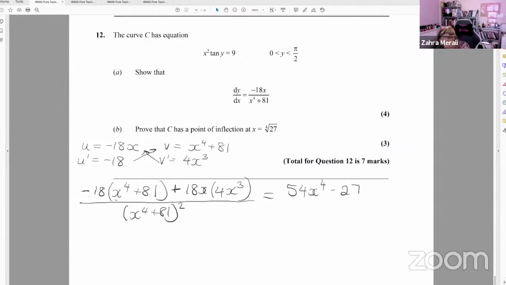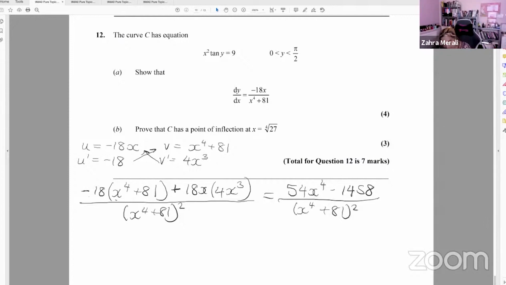Minus, 81 times minus 18, which gives us minus 1458, over x to the 4 plus 81 squared.